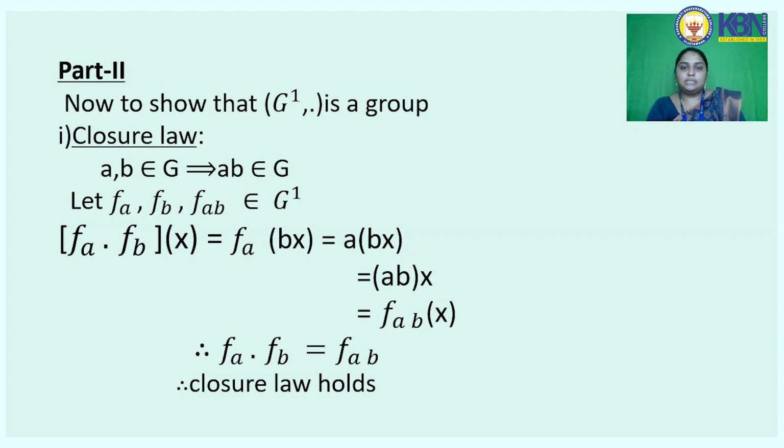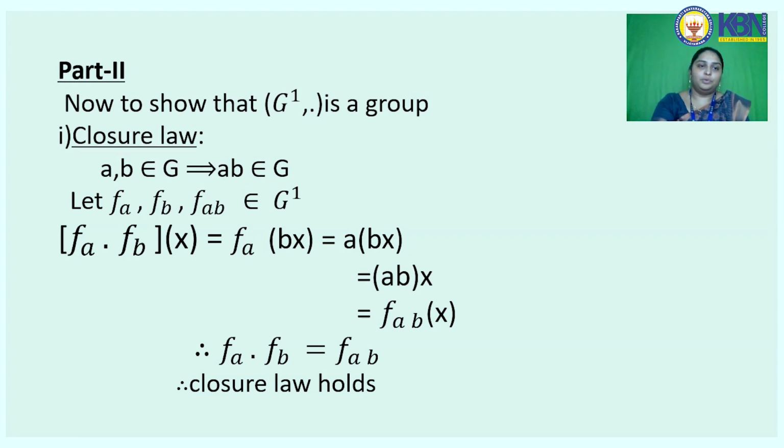Since all the elements a, b, x are elements in G and G is a group, it satisfies the associative law. By using that associative property, a into bx can be written as ab into x. From the mapping of the permutation, a into x can be written as Fa at x. Here in the place of a, we have ab. Then ab into x can be written as Fab at x. Therefore, Fa into Fb is equal to Fab. Hence, G dash satisfies the closure property.